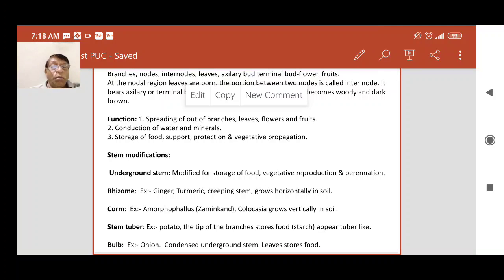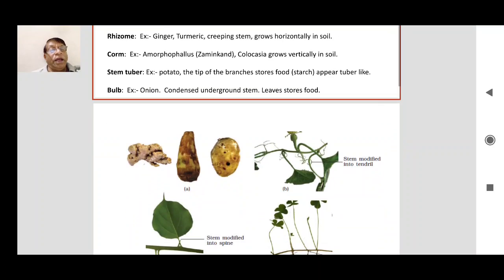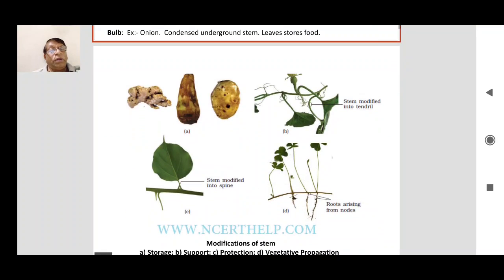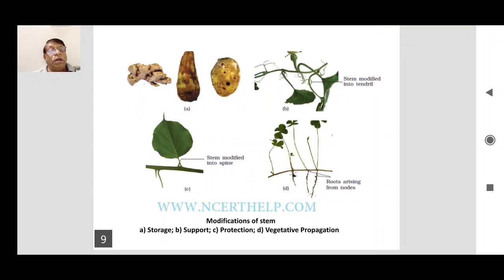Potato is a modified stem. Okay. See the diagrams. Ginger, colocasia, potato, modified for storage of food. Okay.